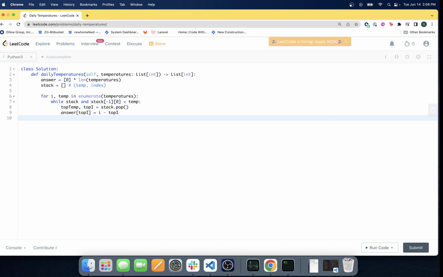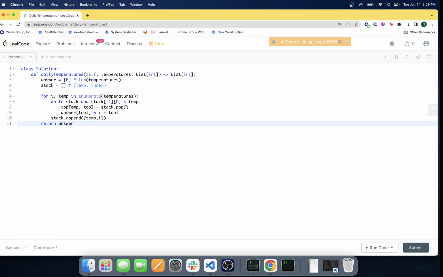So now we popped off all of the lower temperatures. So now we can append our high temperature. We're going to append our temp, and in the second thing in the tuple, we're going to give it i. And then we're just going to return answer.